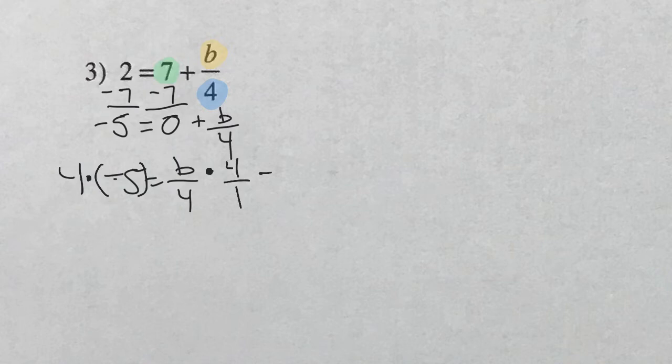B times 4 is 4b over 4 times 1, because I just multiply straight across. 4 times 1 is 4. Well, I end up with 4 over 4, which is 1. So it just cancels it out. That's why I'm doing this inverse. The whole reason is to get B all alone.